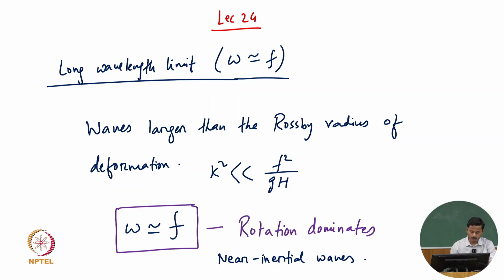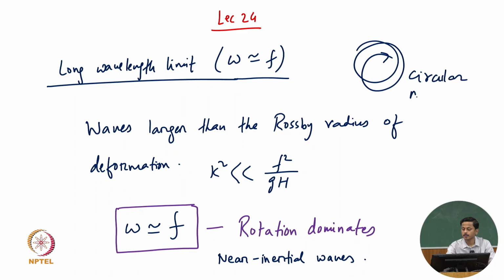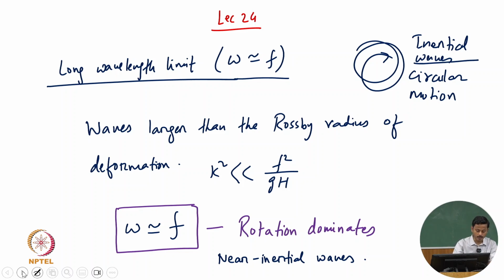These are called near inertial waves, and we have discussed this previously. The motion of these waves is circular. Inertial waves have circular motion, and this is what we did previously when understanding the rotating frame of reference.